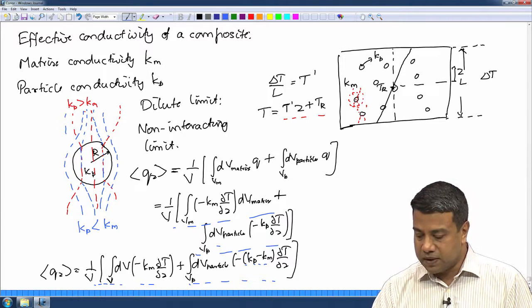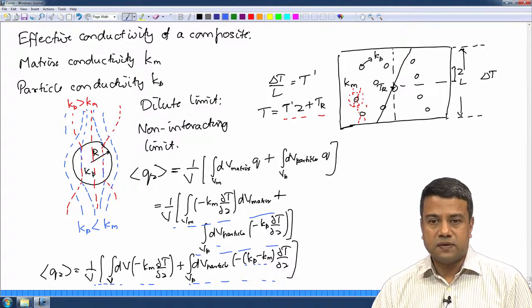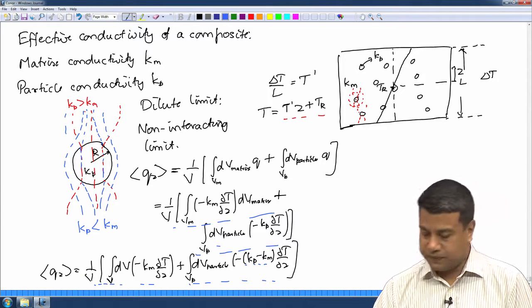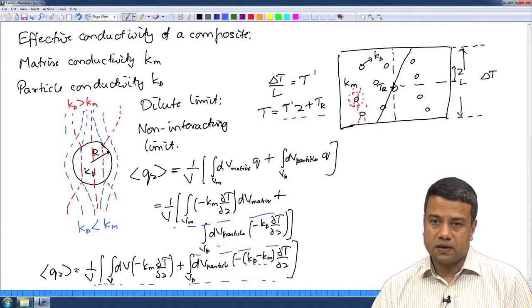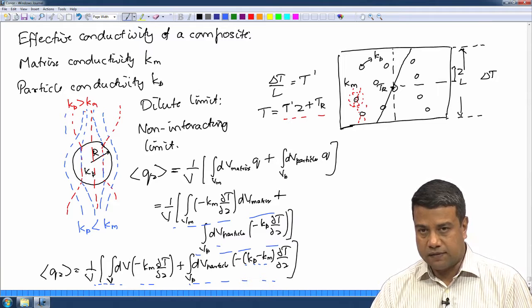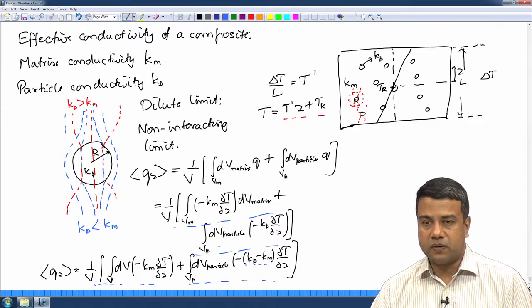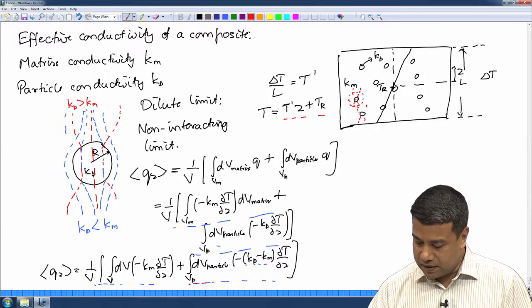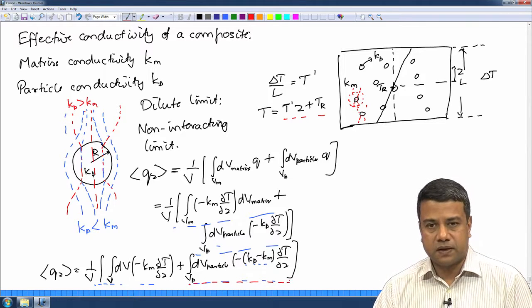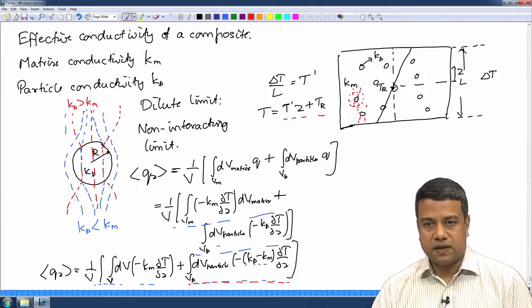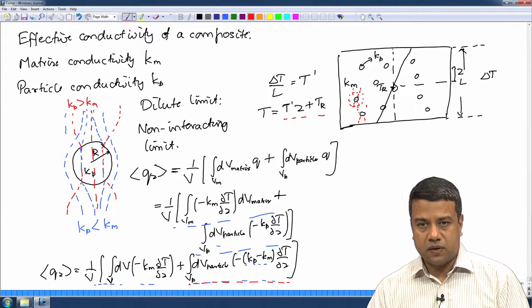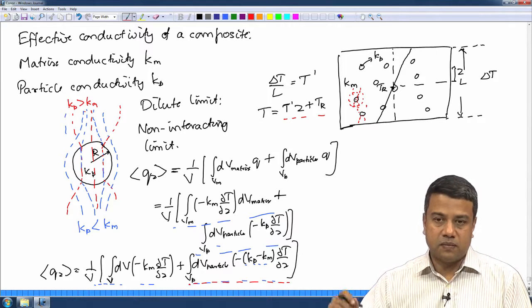The advantage of doing it the second way is that the second term gives you effectively the temperature disturbance due to the particles. If the particles were not there, or if the particle conductivity were equal to the matrix conductivity, this second term would be effectively equal to 0. So, I have written it as 1, an integral over the entire volume, and 2, the disturbance due to the particles alone.